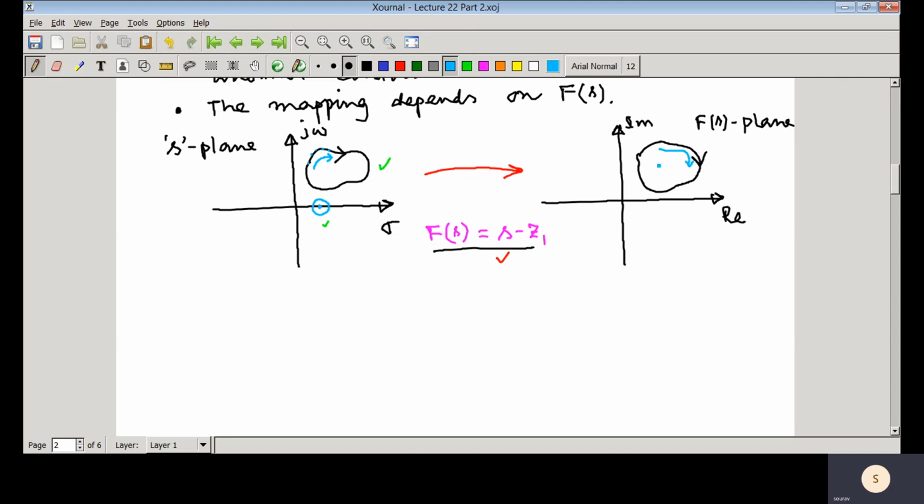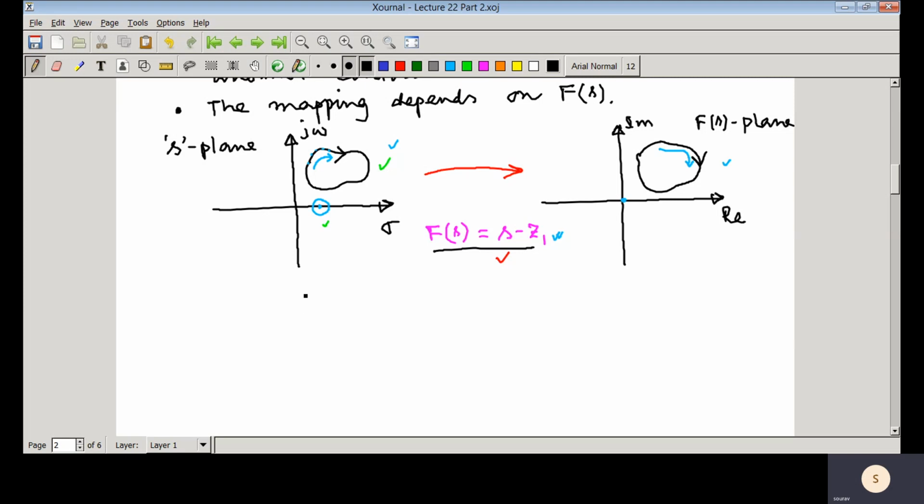So the direction remains the same and it does not encircle this origin. That is very important. So for the function s minus z1, this contour will be mapped in the F(s) plane to another contour with the same direction, but it does not encircle the origin.